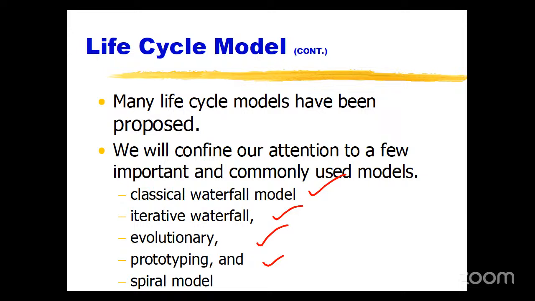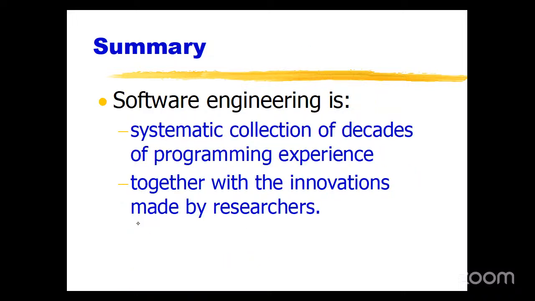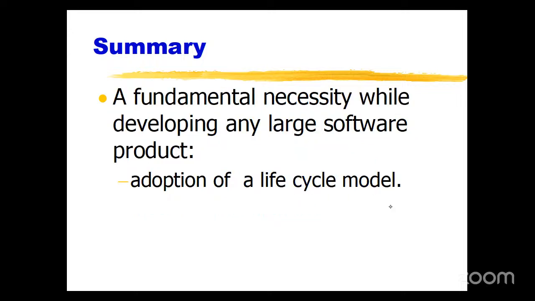We can quickly summarize and we can go for the next one, right? So here is a snapshot of the few important concepts we have seen so far. Software engineering is a systematic collection of decades of programming experiences together with the innovations made by the researchers. A fundamental necessity while developing any large software product is adoption of a life cycle model.